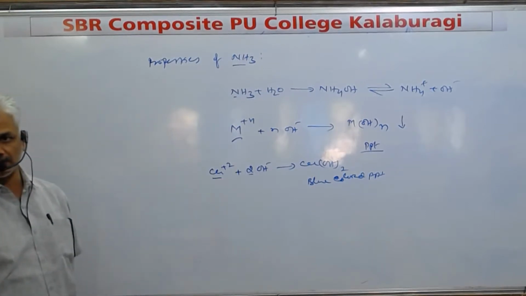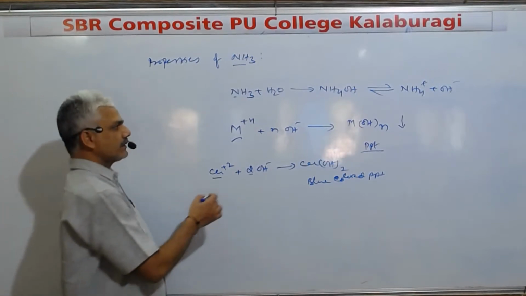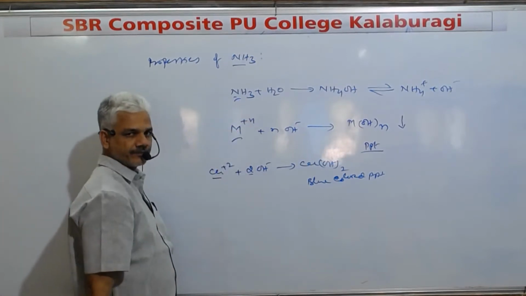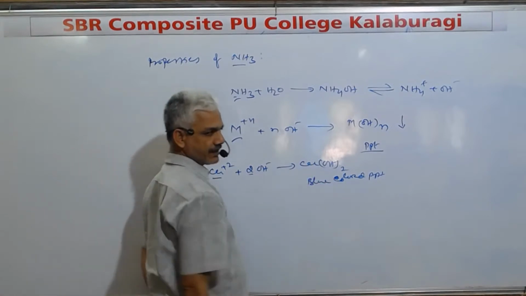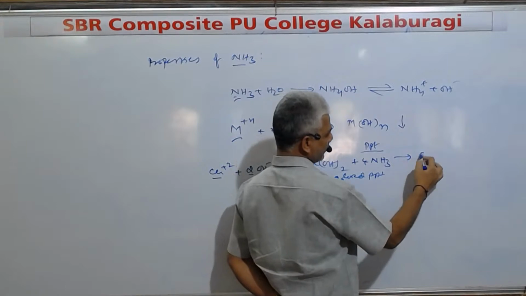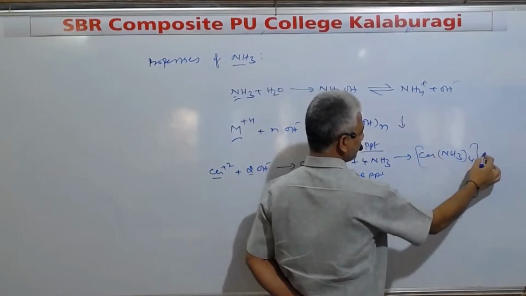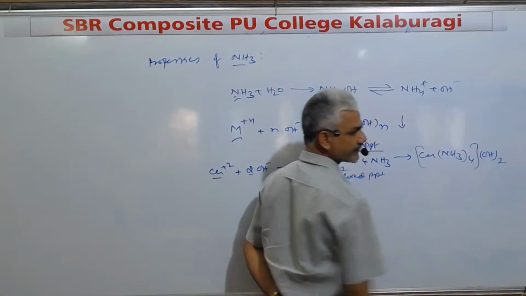The salt consists of cupric ions. And if you add excess of ammonia, what happens? This precipitate gets dissolved due to formation of a soluble complex.